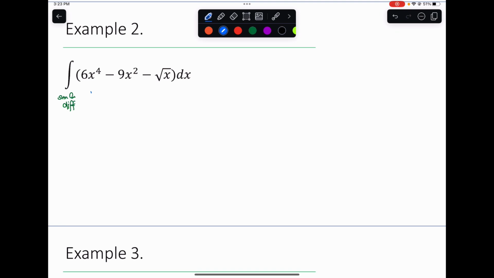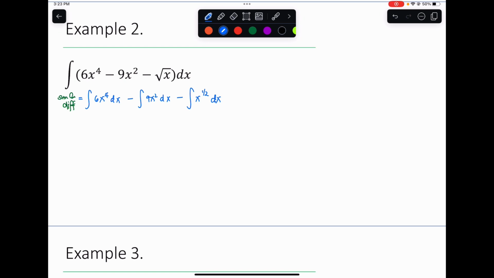So this would be simply the integral of 6x to the 4th dx, then minus the integral of 9x squared dx, and minus the integral of square root of x. There's a radical, so we can transform this one into a rational exponent. So square root will become raised to 1/2, then multiply it with dx.